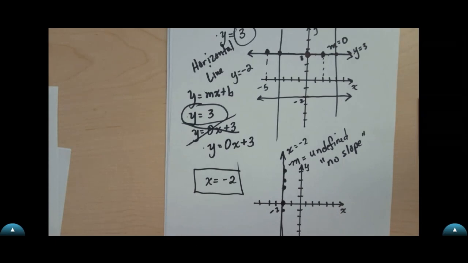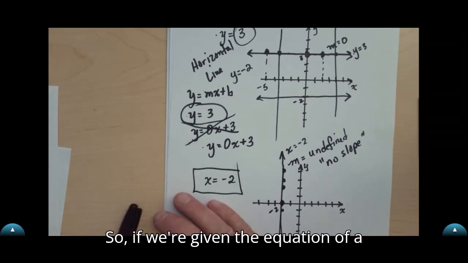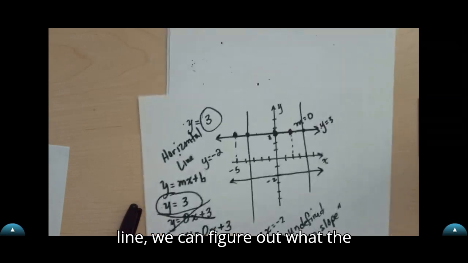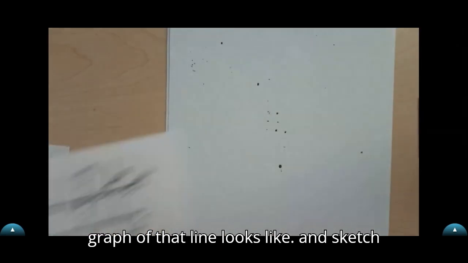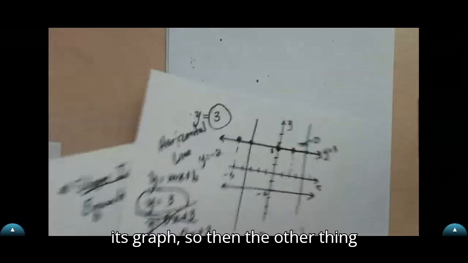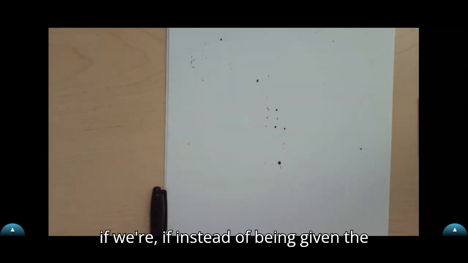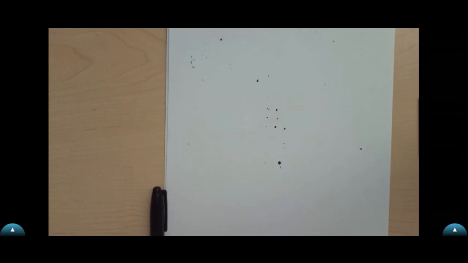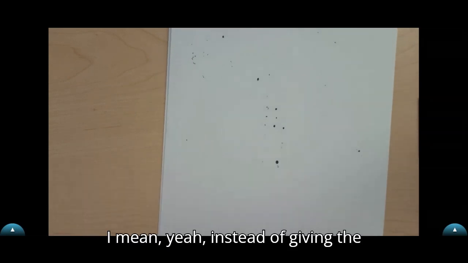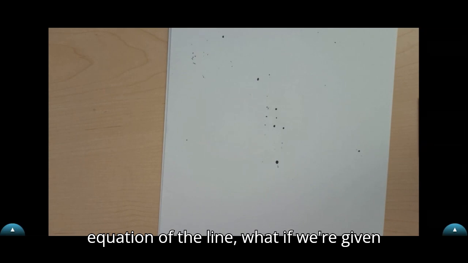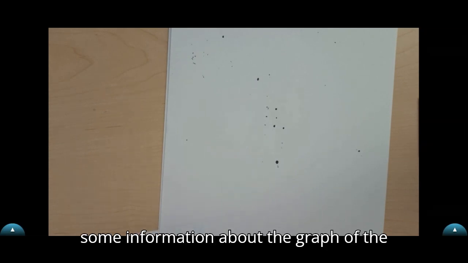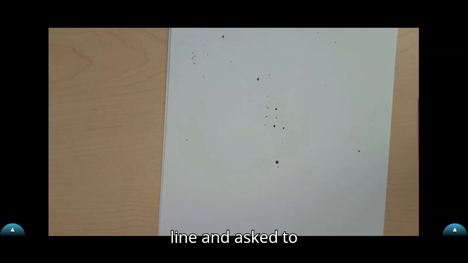Okay. So if we're given the equation of a line, we can figure out what the graph of that line looks like and sketch its graph. So then the other thing has to be, instead of giving the equation of a line, what if we're given some information about the graph of the line and asked to find its equation?